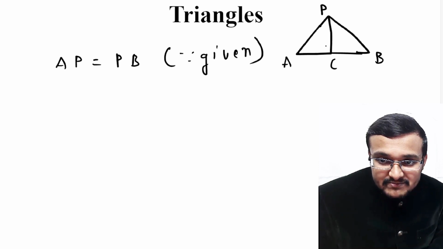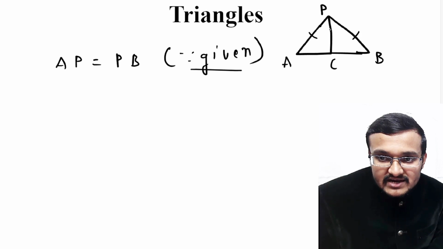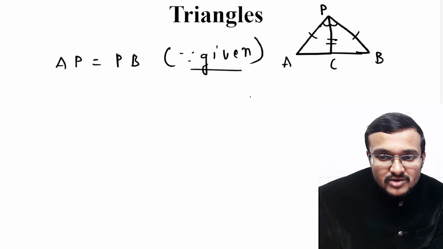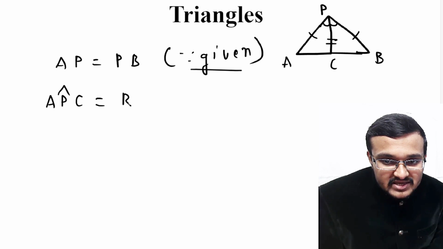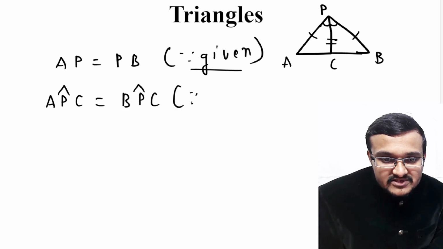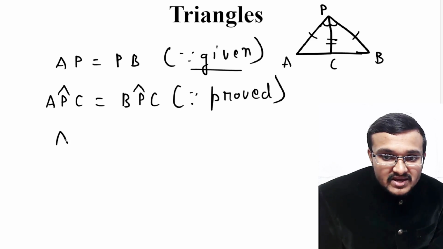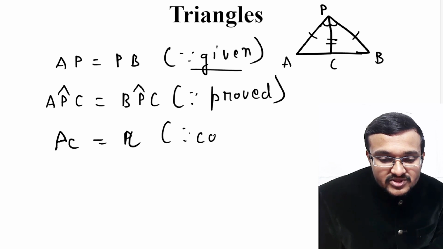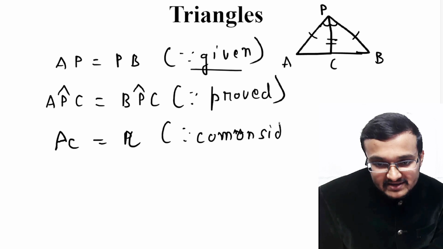So in triangles APC and PBC, AP is equal to PB, which they have already given, and we have proved that this particular angle is equal to this particular angle, and PC is the common side for both the triangles. So here angle APC is equal to angle BPC, which we have already proved, and here PC is equal to PC because PC is a common side for both triangles.